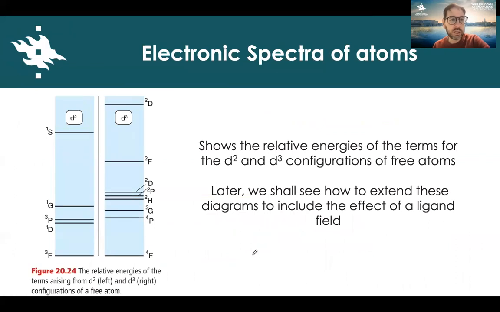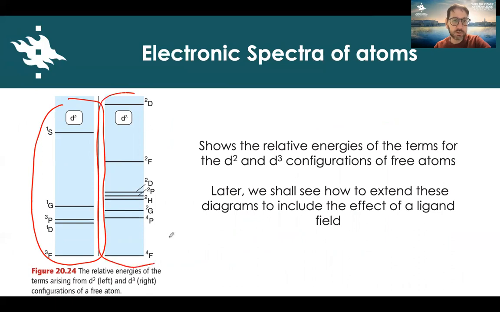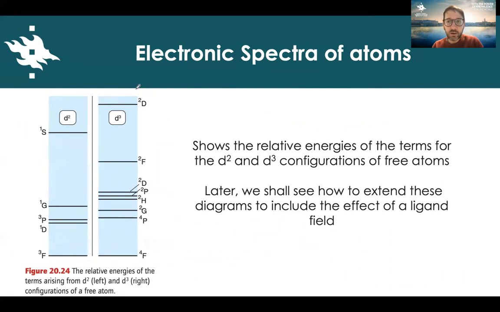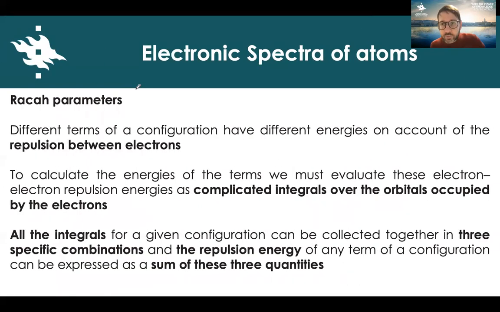So for d2, we have these energies of the terms, for example, and here is a presentation of the energy of the terms for a d3 configuration, okay? So this is only for the free atom or for the ion, and later you will see how to include the effect of the ligand field as well.